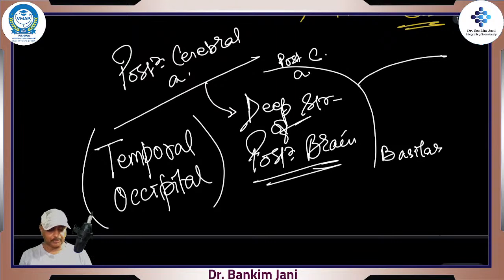Temporal, occipital, parietal and frontal are the four lobes of the cerebrum. This is posterior, so obviously this is the temporal, and the occipital is behind.